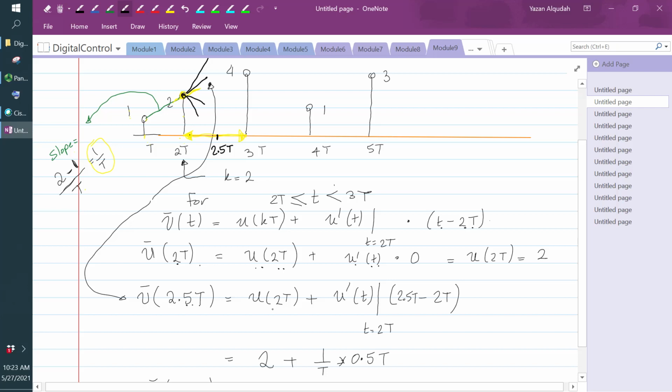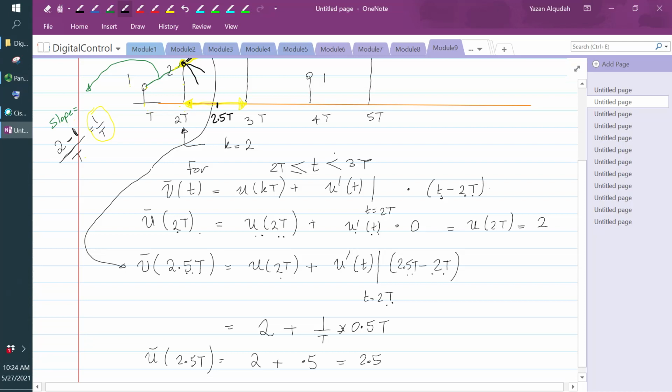This is going to equal u of 2T plus the derivative u prime of t at t equal to 2T, multiplied by (t minus 2T), and the t that I'm estimating at is 2.5T. If I calculate that, 2.5 minus 2 is going to give me 0.5T, and u prime at t equal to 2T, we calculated it here, is 1 over T.